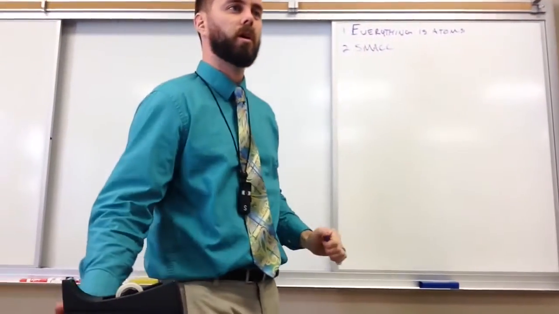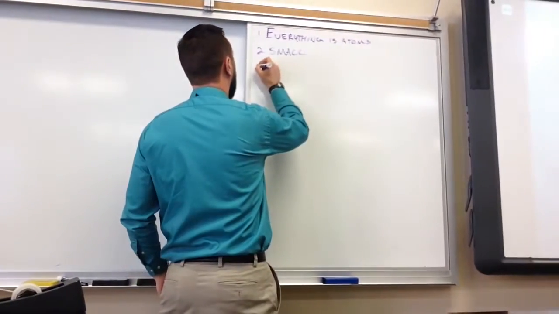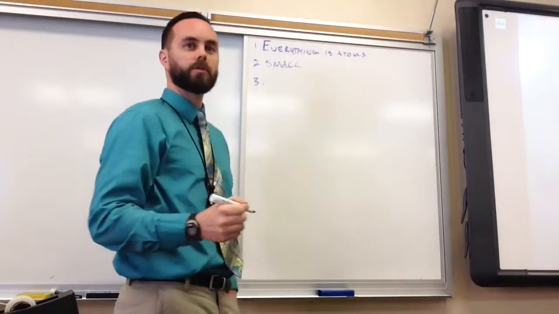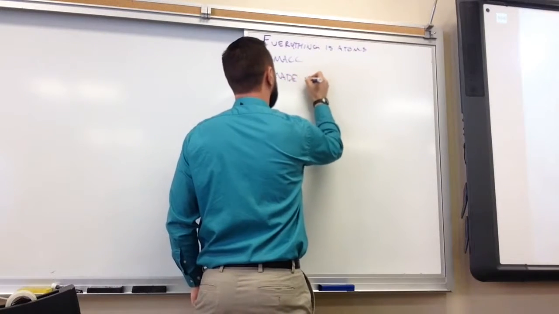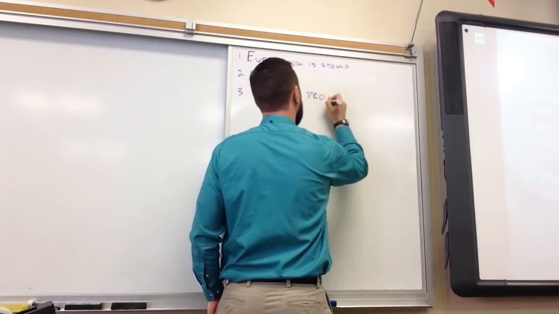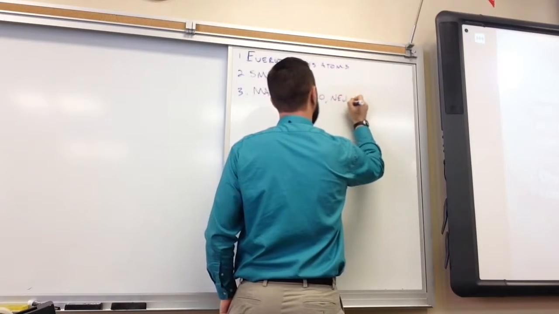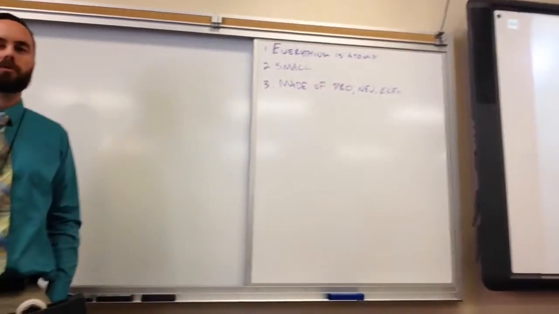Atoms are super small. What else, Skylar? They're like protons, neutrons, and electrons. So they're made of protons, neutrons, and electrons? Very good. So I'm going to write neutrons and electrons. So they're made up of protons, neutrons, and electrons.